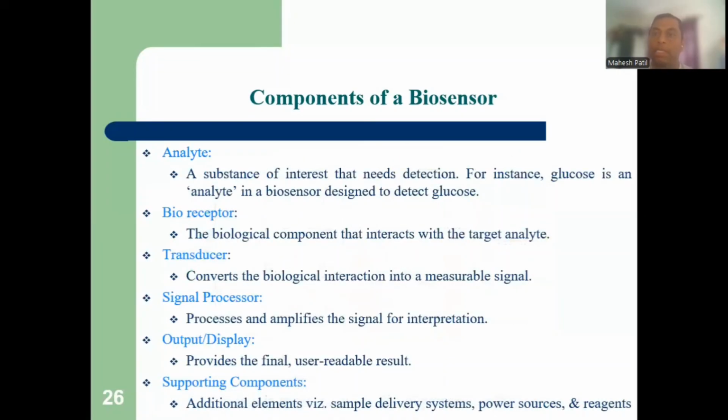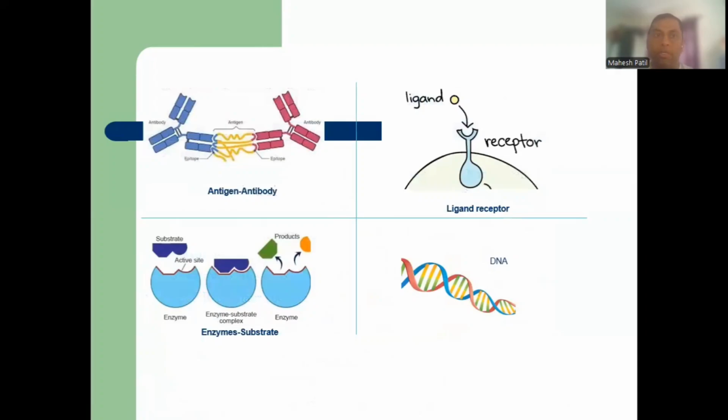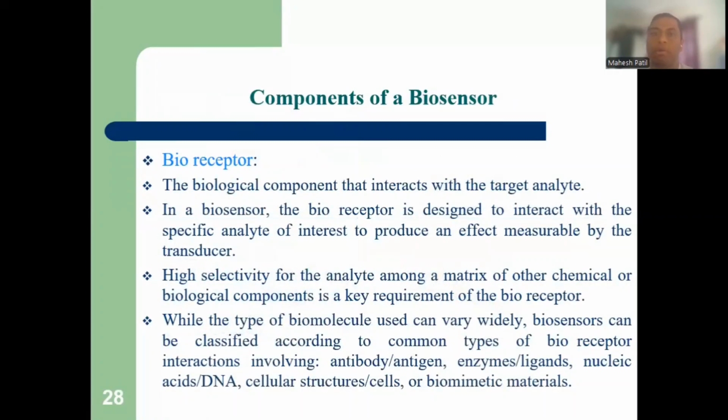The next part is the bioreceptor. These are a few bioreceptors as we see in the component. So what is a bioreceptor basically? The target analyte interacts with a biological component, and that biological component is called the bioreceptor. This bioreceptor is the second component of a biosensor.